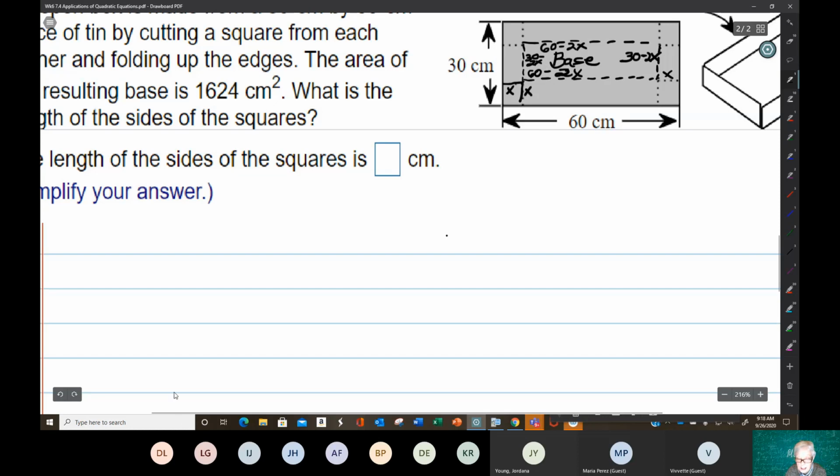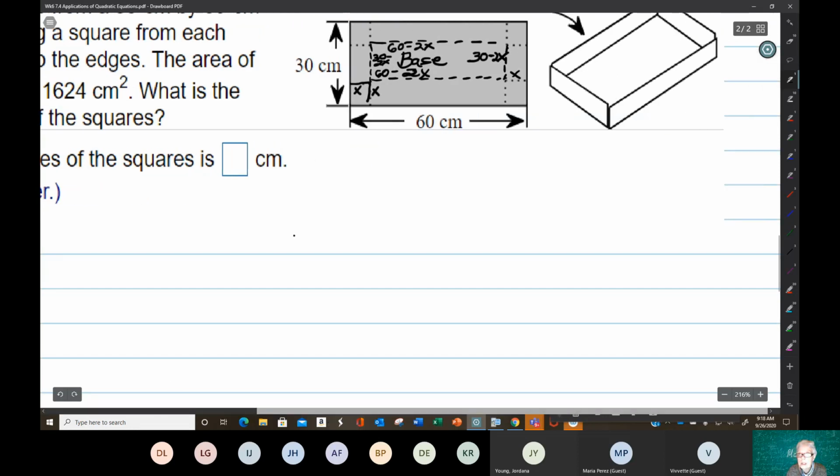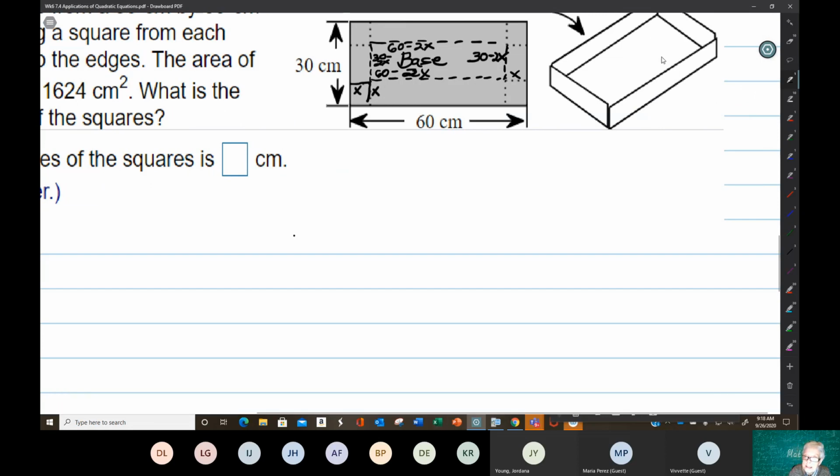And if we come over here, everything can be much neater. Where this is 60 minus 2X, and this is 30 minus 2X.